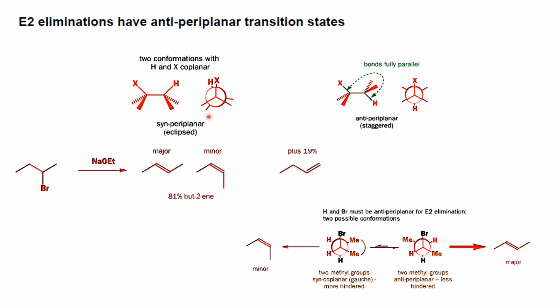They have asked the dihedral angle, that is the angle between this hydrogen and the X that is eliminated in the syn periplanar conformation. Here you can see from the figure, it is well clear that the dihedral angle in the syn periplanar conformation is actually 0 degree.